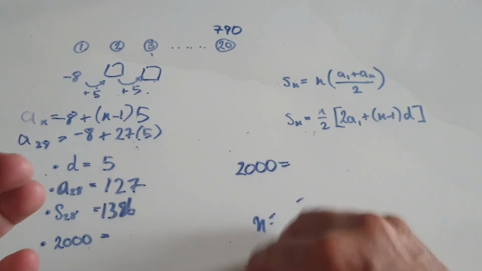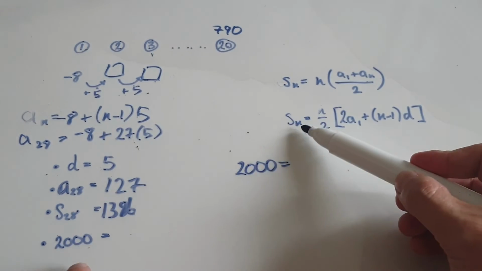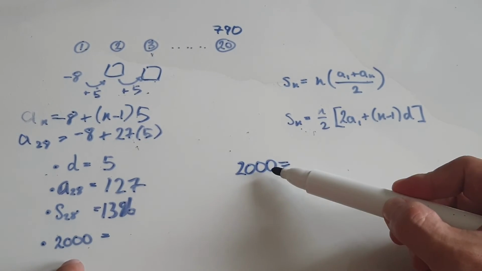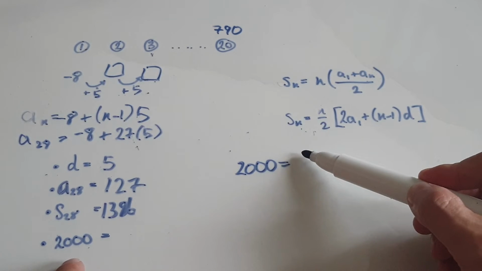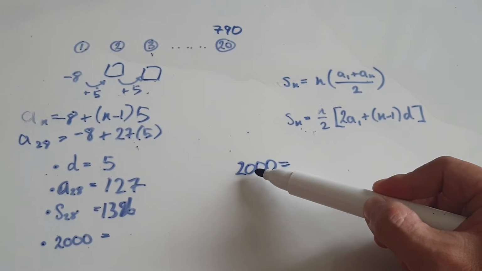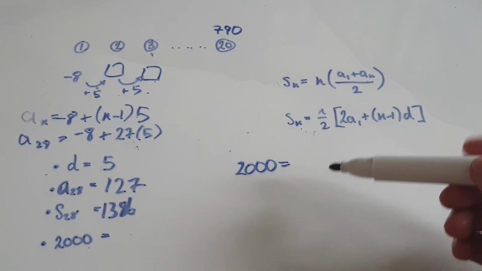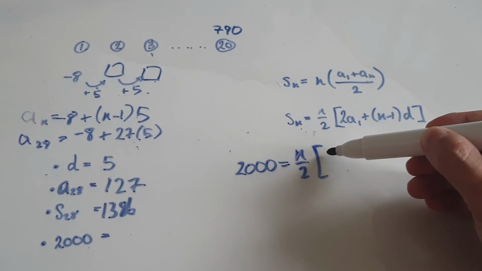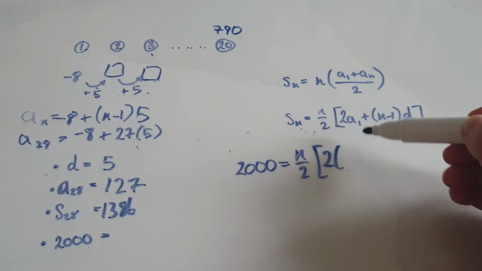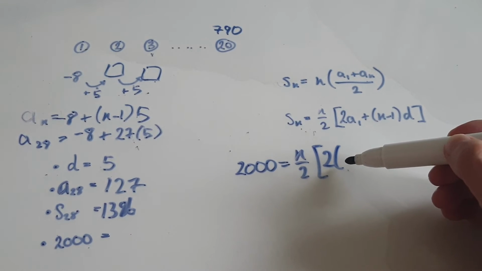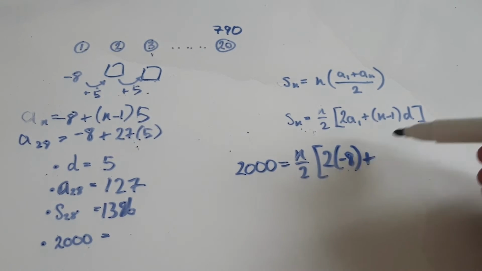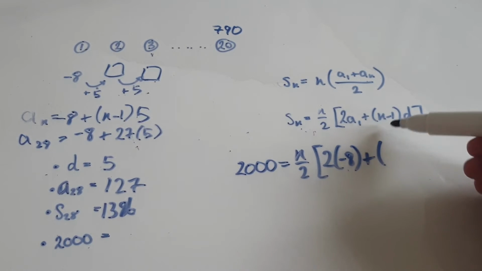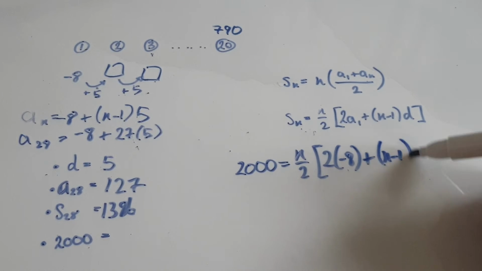So hang on, set this to be 2000. We're trying to work out n in such a way that it would give us 2000. So that would then be n, which we're trying to work out, 2 times the first term, which is -8, plus n minus 1, times the common difference, which in our case is 5.